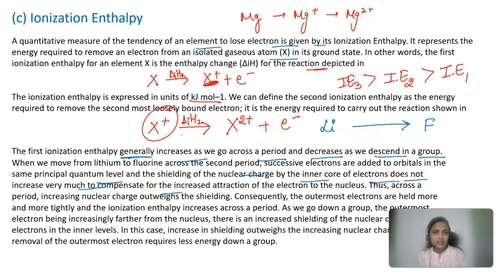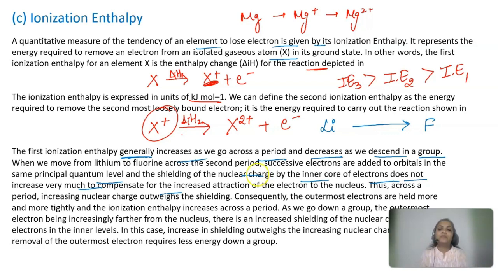Ionization enthalpy depends on the effective nuclear charge, and inner electrons shield the outer electrons from the nuclear charge. But since here the electrons are added to the same shell, shielding is not much. So there is an increased attraction of the electrons to the nucleus, means the effective nuclear charge increases.